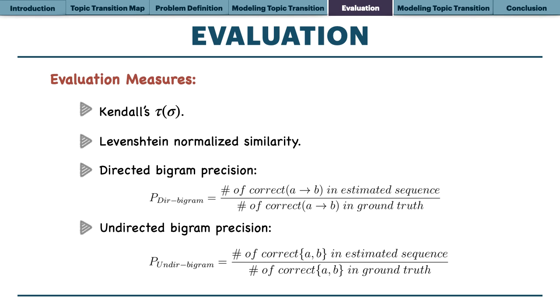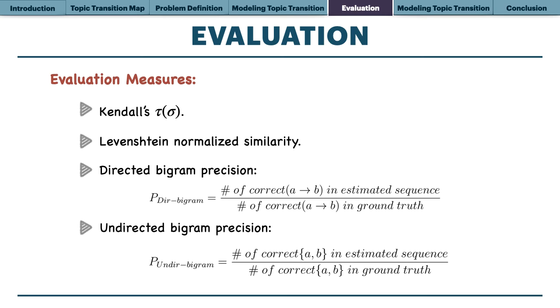We use 4 measures. Kendall Tau is an information retrieval measure that captures the correlation between 2 ranked lists, where 1 means perfect match and -1 means total mismatch. We also use Levenshtein normalized similarity, which is the opposite of Levenshtein normalized distance that measures the minimum number of edits, for example, insertion, deletion, or substitution, required to transform the predicted sequence to the ground truth sequence.